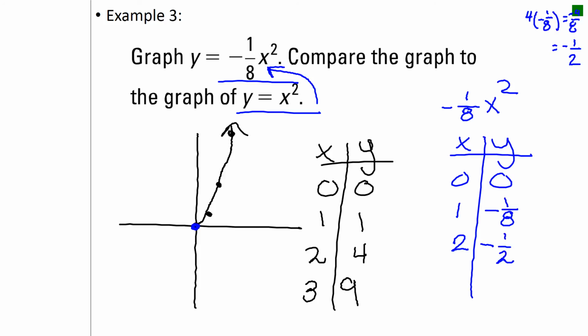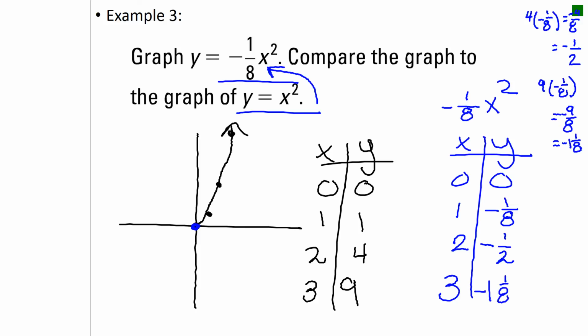Okay, one more point, 3. 3 squared is 9, so 9 times -1/8 is -9/8, which reduces down to -1 1/8.